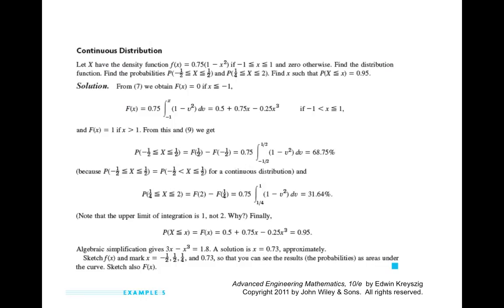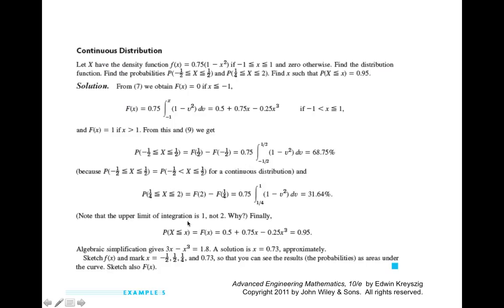That's because this is a continuous distribution function, and note that that's very different for the discrete distribution function. So if we substitute the limits -1/2 to 1/2, then rather than a function, we're going to get an actual number, 68.75%, meaning that the probability that our variable x lies between -1/2 and 1/2 is almost 69%.